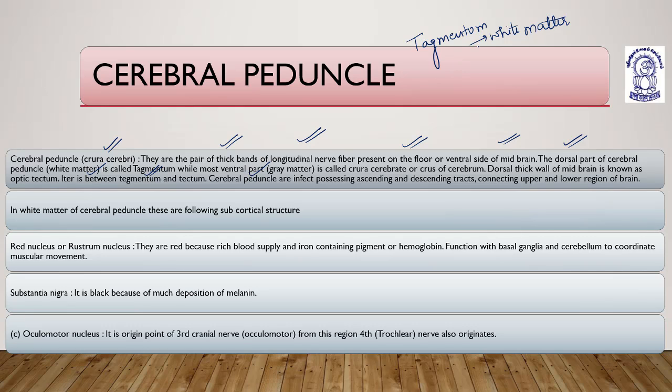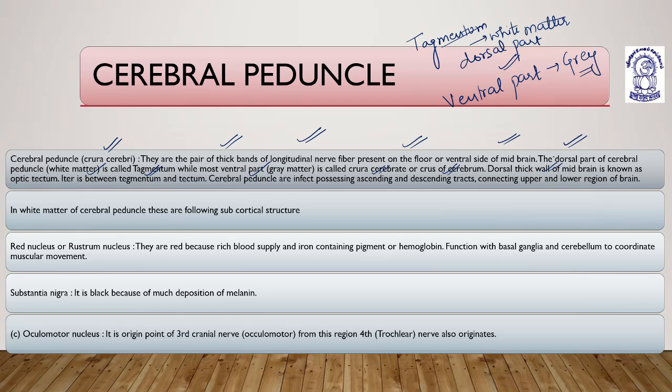So the dorsal part is tegmentum, which is white, and the ventral part is gray. The ventral part, which is gray matter, is called crura cerebri or crus of cerebrum.